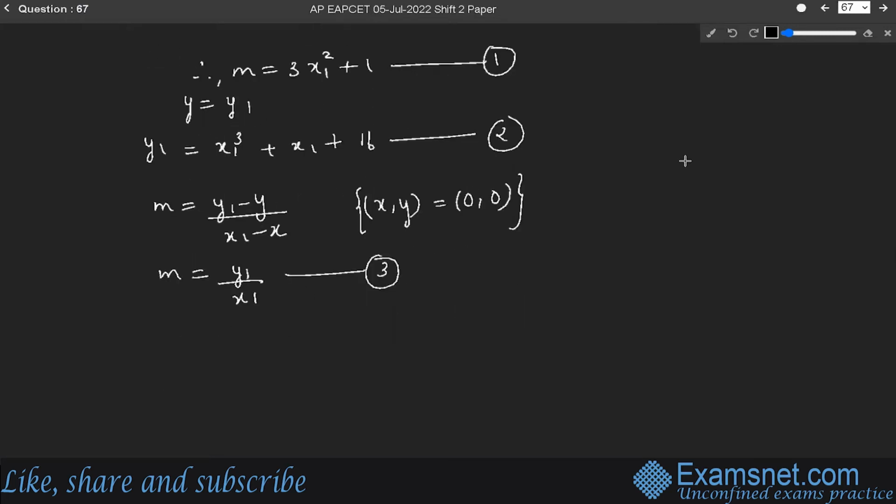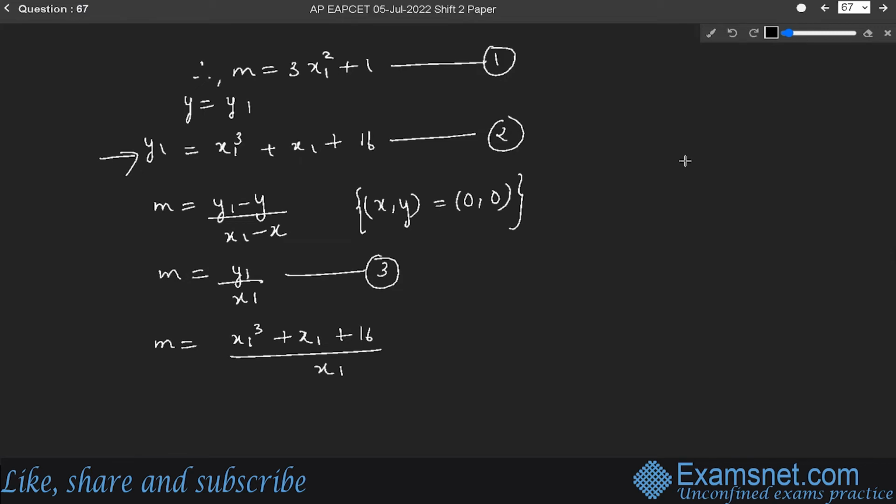Now, we know that m is equal to y1 upon x1, so it will be x1 cube plus x1 plus 16 divided by x1. We have substituted the value for y1 here from equation number 2.